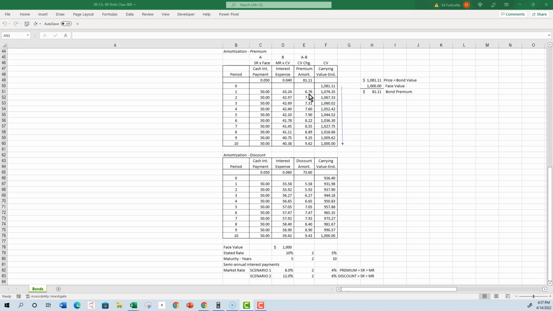Since our beginning carrying value was $1,081.11, our new carrying value will be $1,081.11 minus $6.76, or $1,074.35.